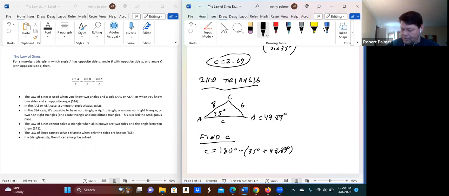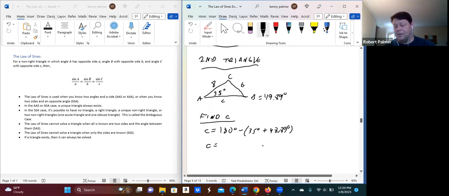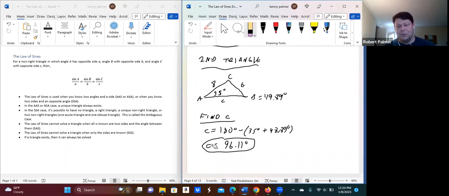Okay, then that angle C is going to be 96.11 degrees. Okay, and once again, that's angle C. Make sure it's a bigger C.